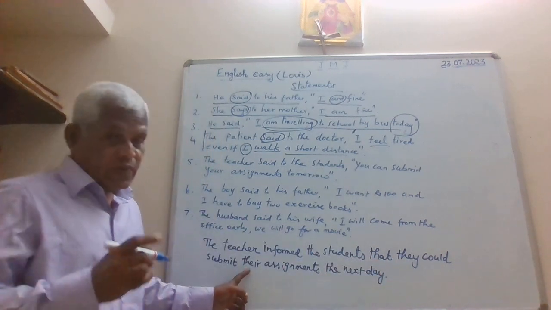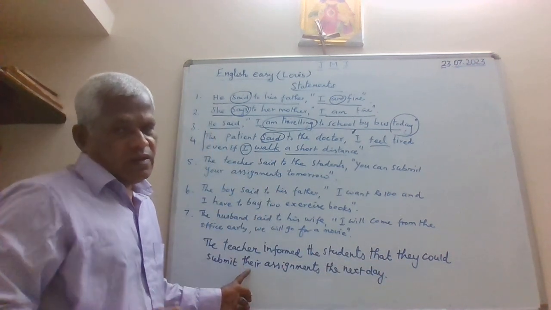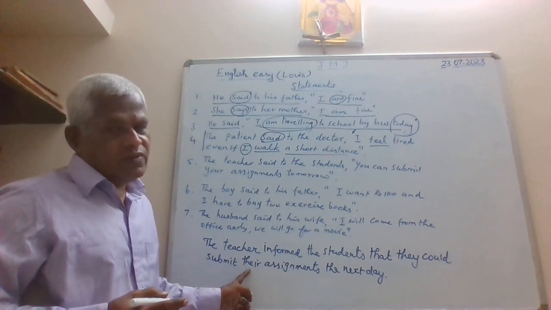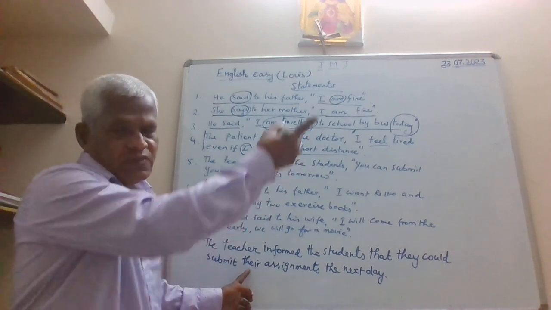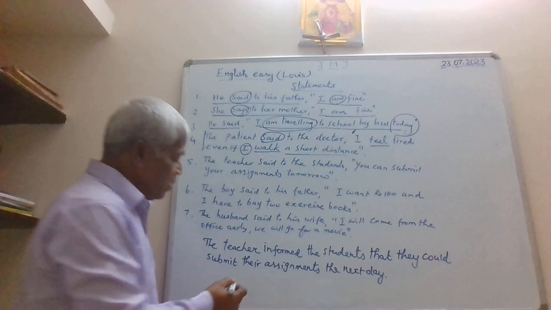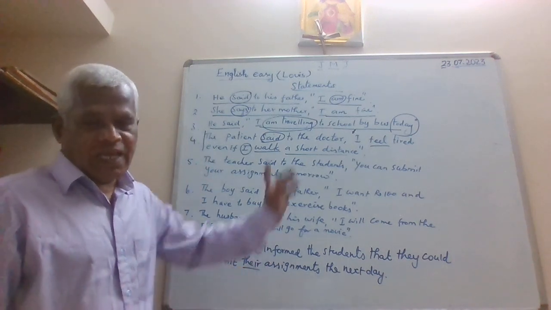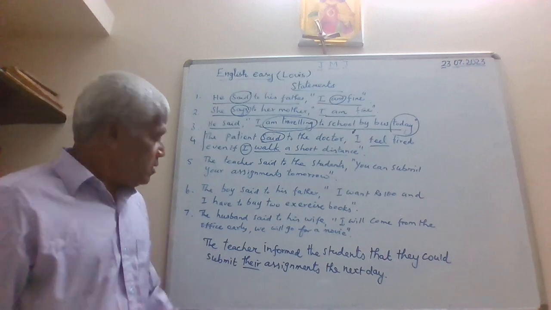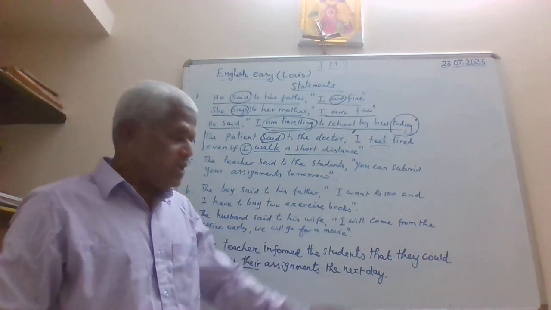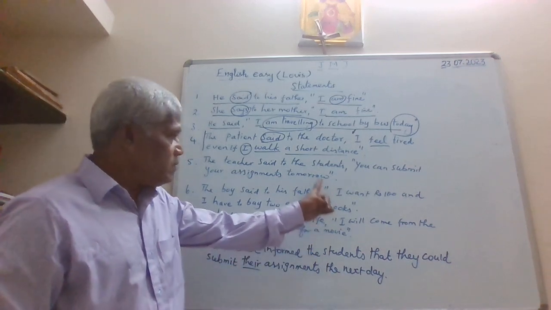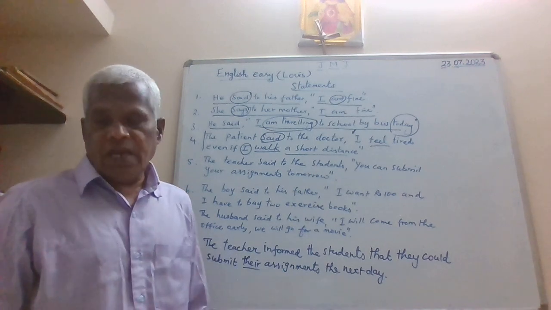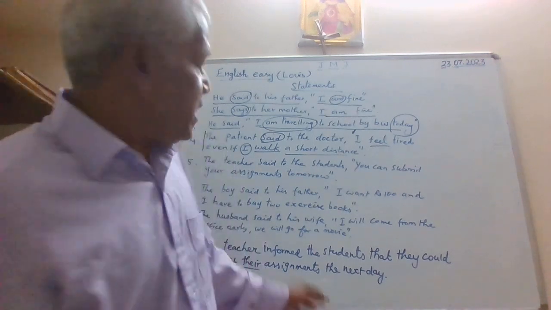And then you must remember, as I wrote the other day when discussing pronouns, what did we do? Subjective pronouns, possessive and objective. So this is your possessive, their, theirs. So submit their assignments the next day. Tomorrow becomes the next day here.